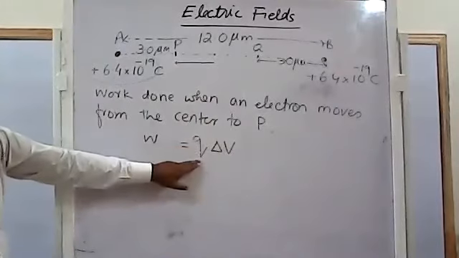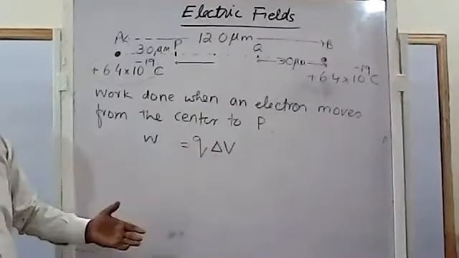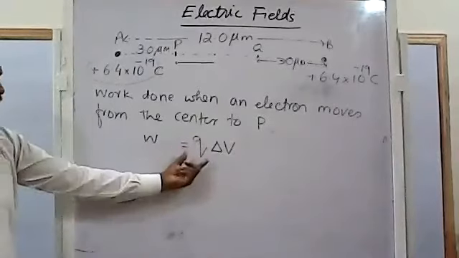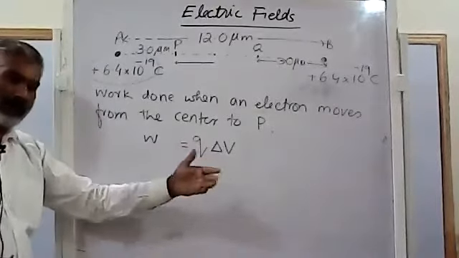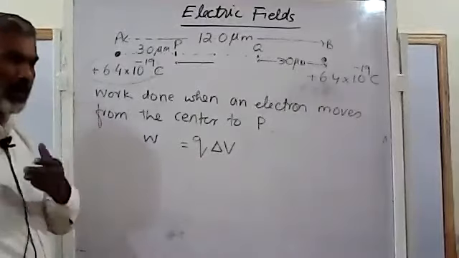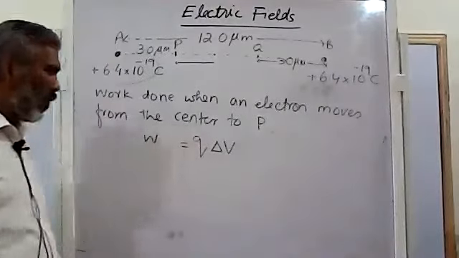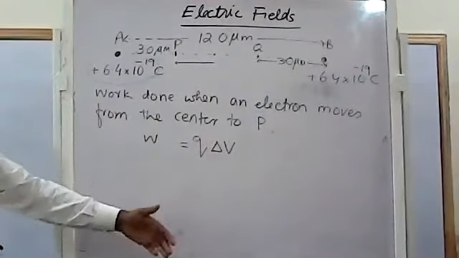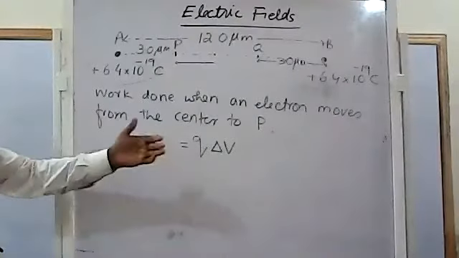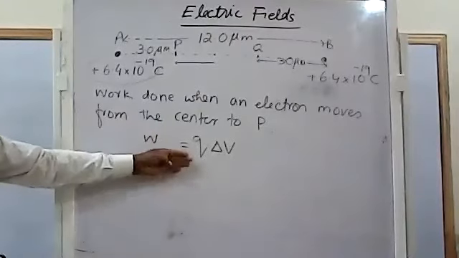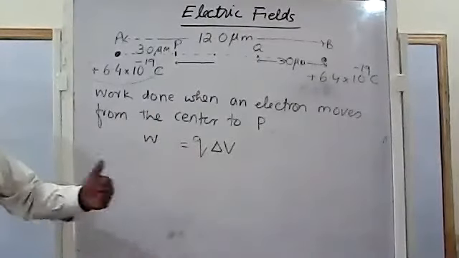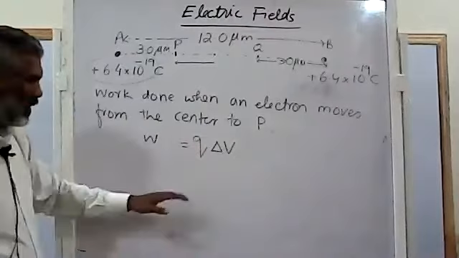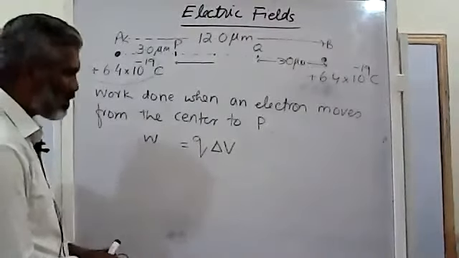If you multiply the charge of a charged particle by the difference of potential, this is the work that the field does on the charged particle to accelerate it, or if the object is moving and the field does force in the opposite direction, it decelerates it and brings it to rest. So either way, this is the work on the charged particle.